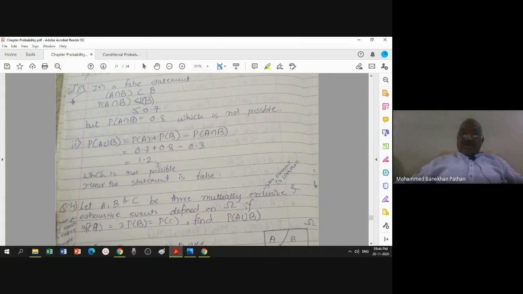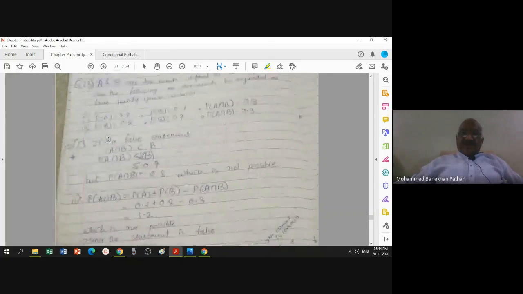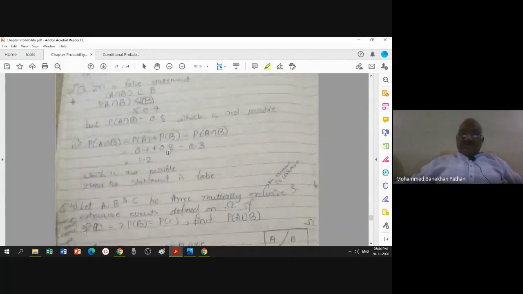Recall my remark on the classical definition: I told you the probability of any event should be between 0 and 1. So by using this information, the calculation of probability comes to 1.2, which is not allowed. Therefore, the second statement is also a false statement.